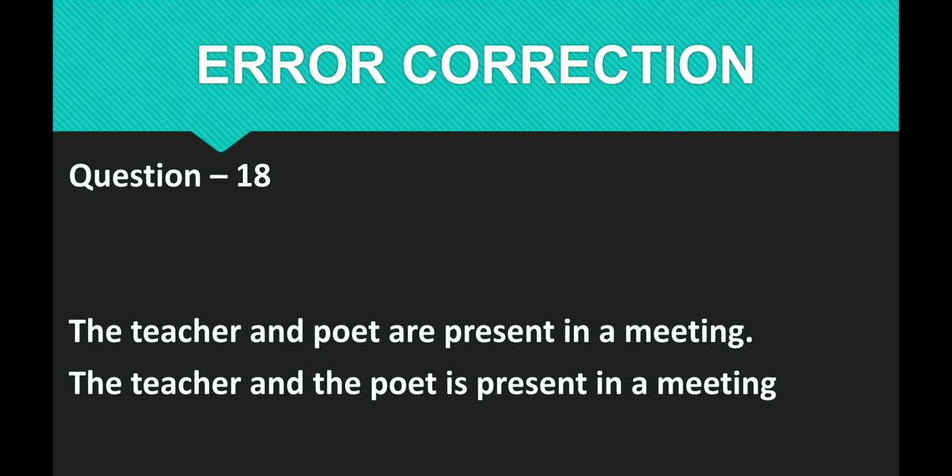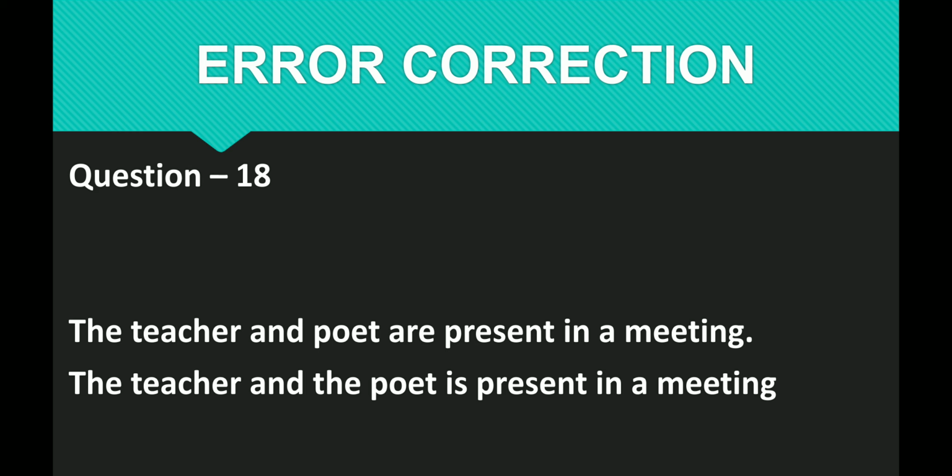All right, this is question number 18. I have given two questions for your convenience, for your benefit. The teacher and poet are present in a meeting. In the second question: the teacher and the poet is present in a meeting. Try to find which sentence is right. Do remember, this is a very interesting rule.